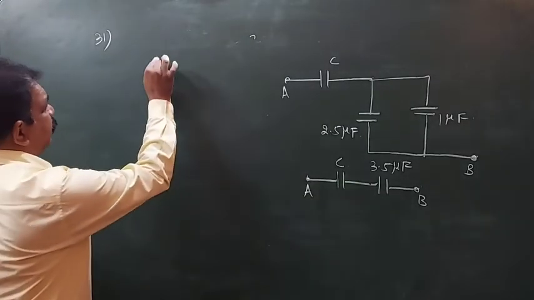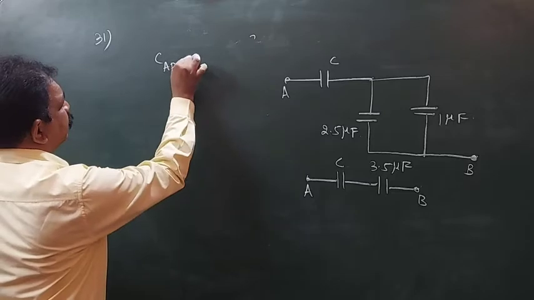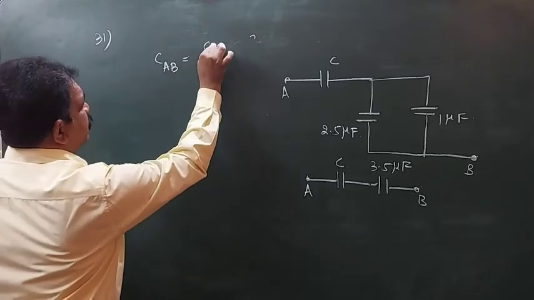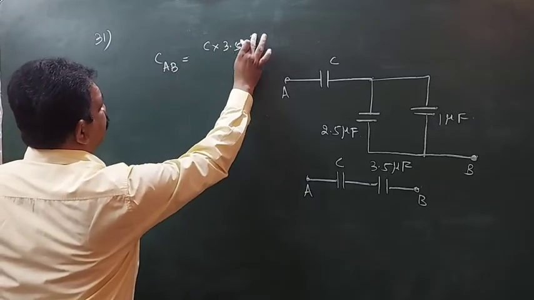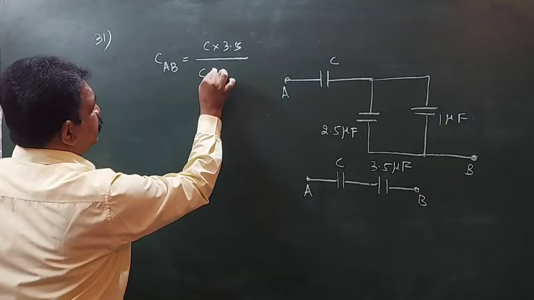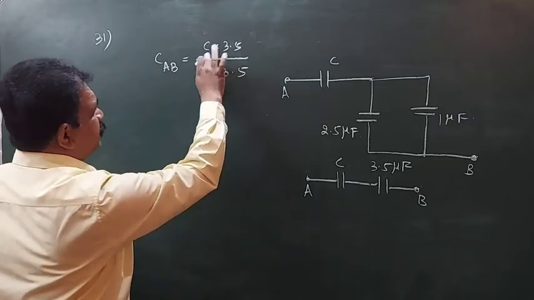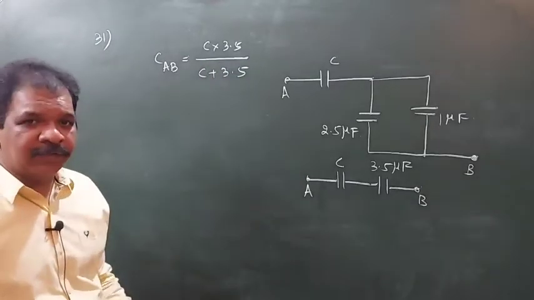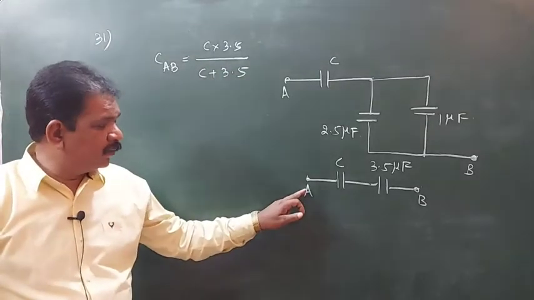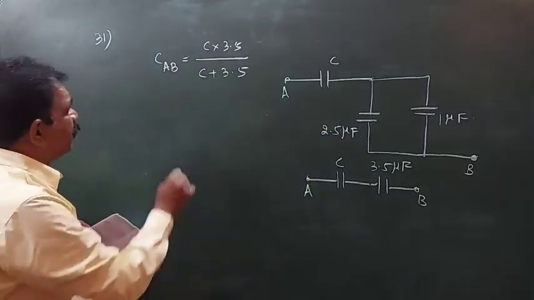So what do we get here? CAB is equal to C into 3.5 by C plus 3.5, that is C1 C2 by C1 plus C2. They gave the CAB value as 1.